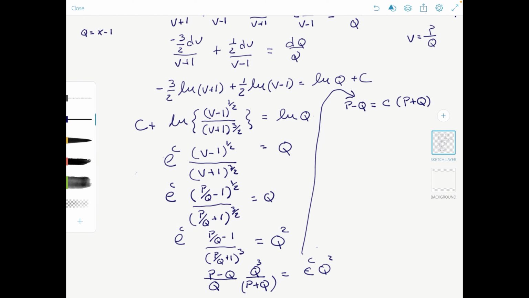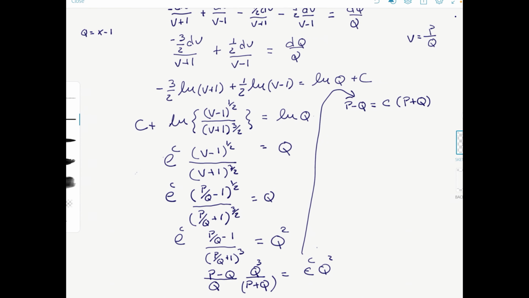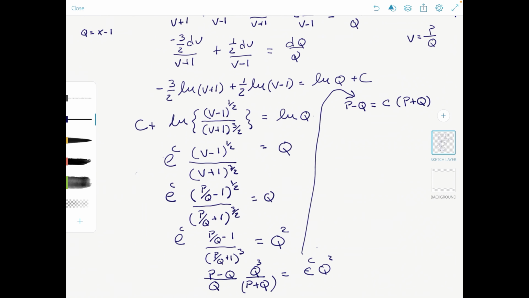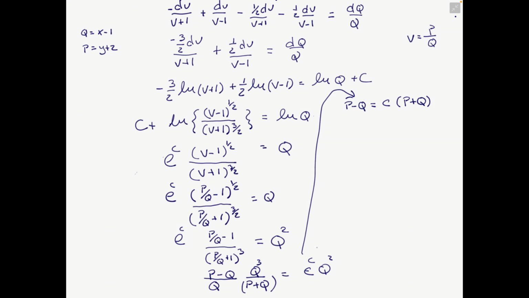q equals x minus 1. And p was y plus 2. P equals y plus 2. So with that, we put those back in.